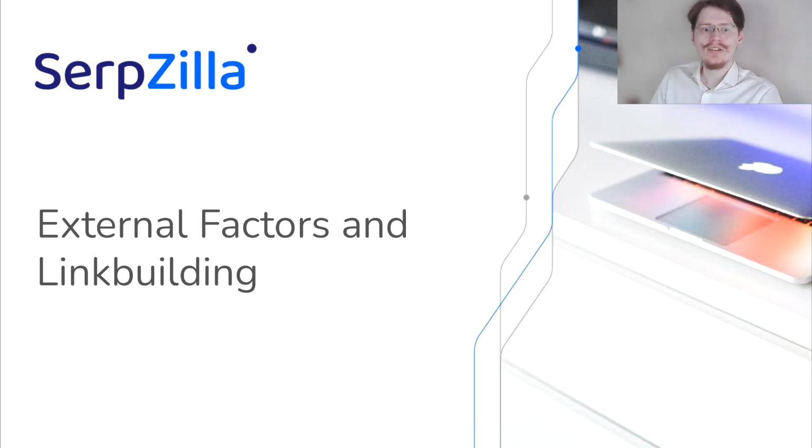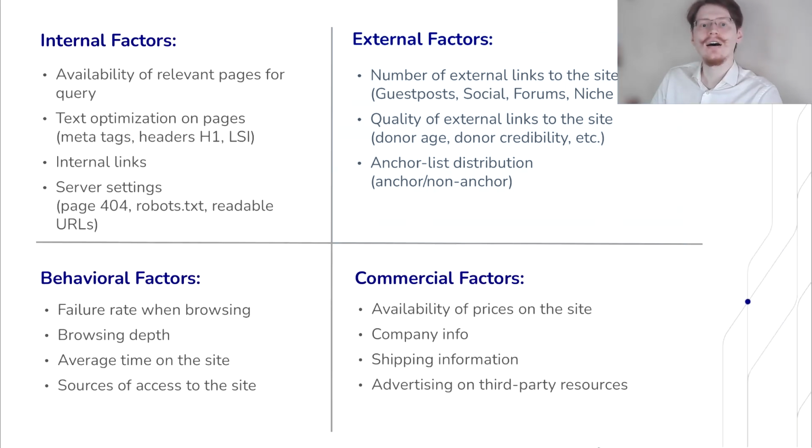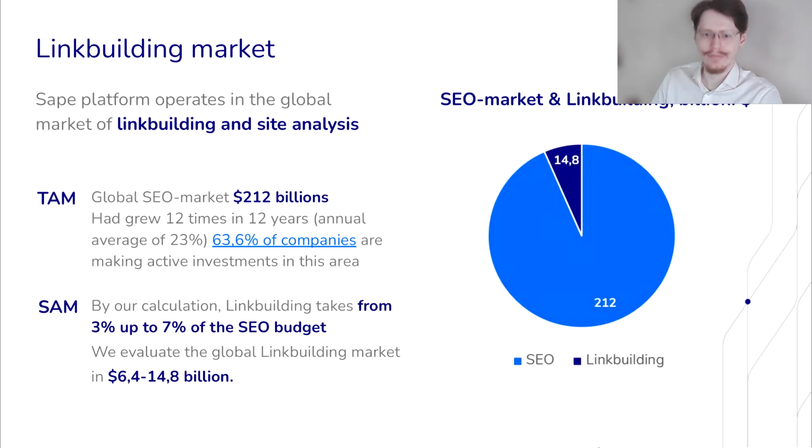We are coming to external factors and link building. This is our bread and butter. This is something we can do. Let's go in detail. Let's see how it looks. We already spoke about the link profile, that Google thinks it is important that people share your website, and those are factors that Google uses to rank you higher.